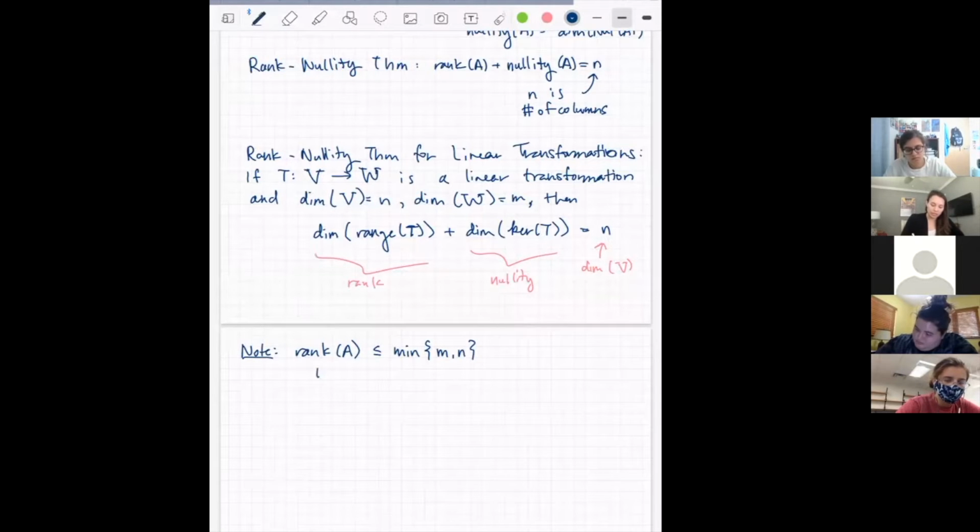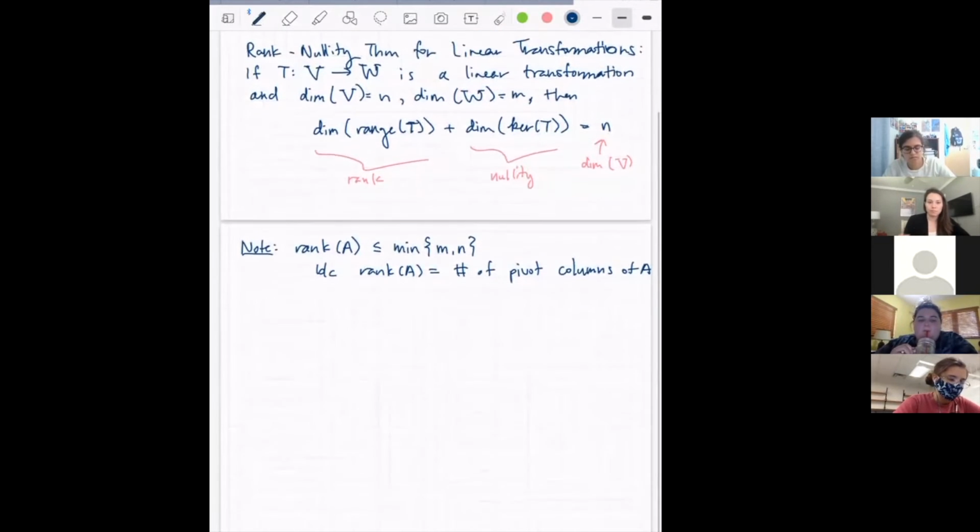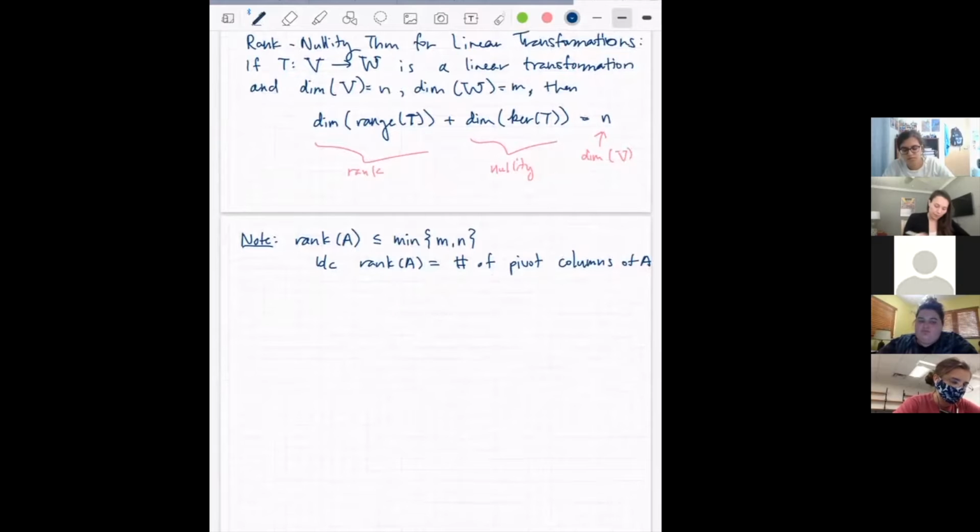This is because the rank of A is the number of pivot columns of A, and you can't have more pivot columns than you have rows, and you can't have more pivot columns than you have columns. So this is the reason why.